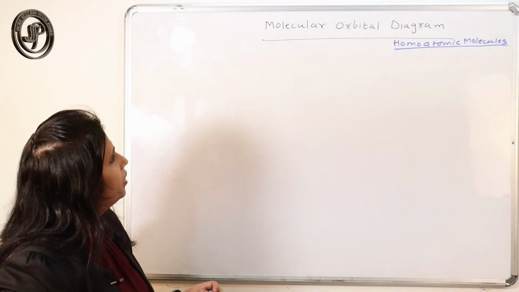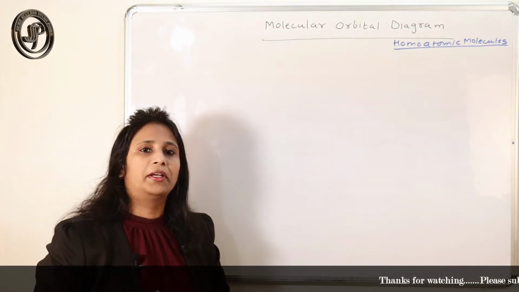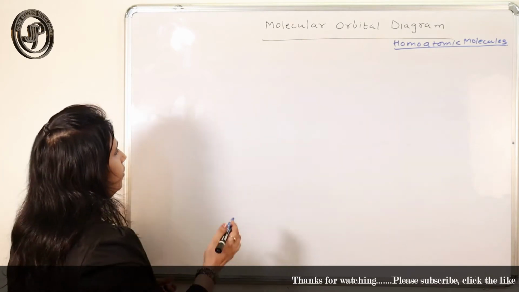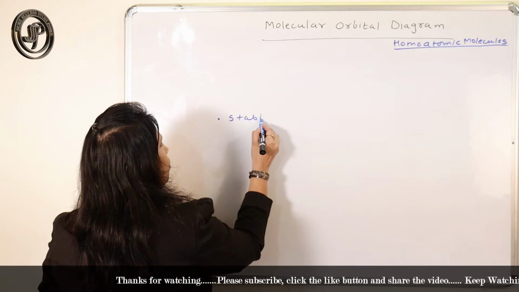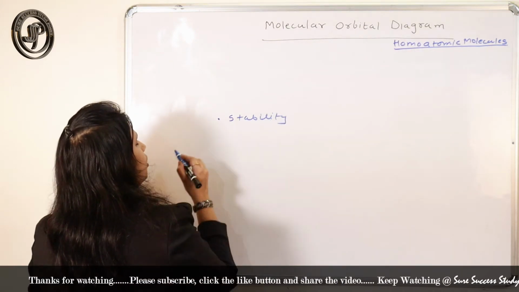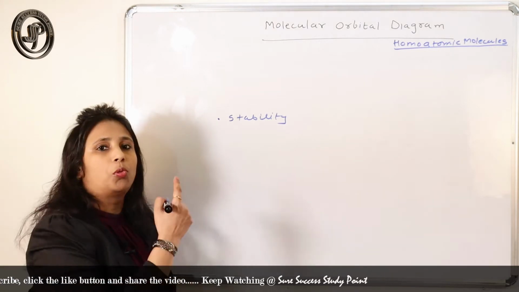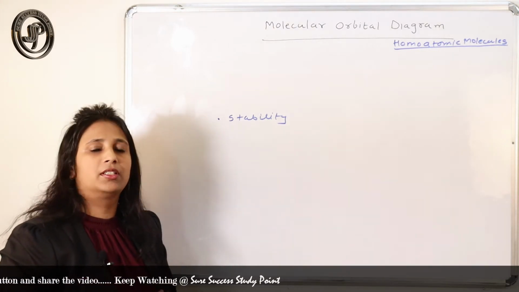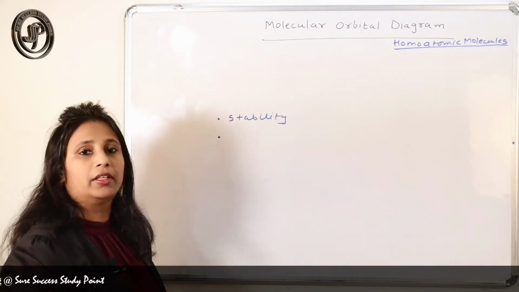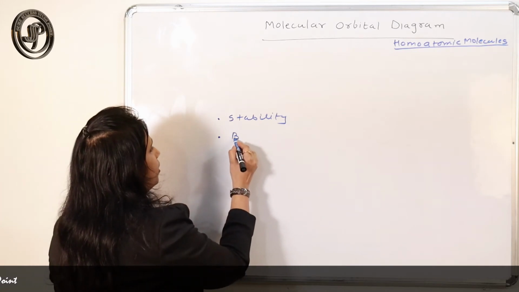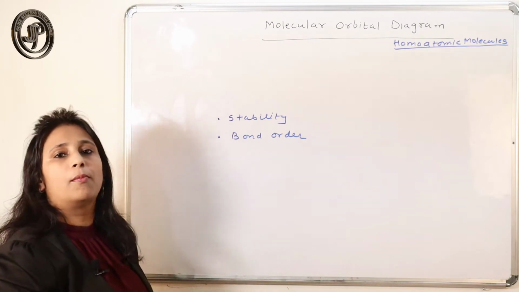So what information does the molecular orbital give when it is formed? It gives information about the stability of the molecule. I'll tell you through a question how it gives the stability of the molecule. The second important thing, it helps us to predict the bond order.